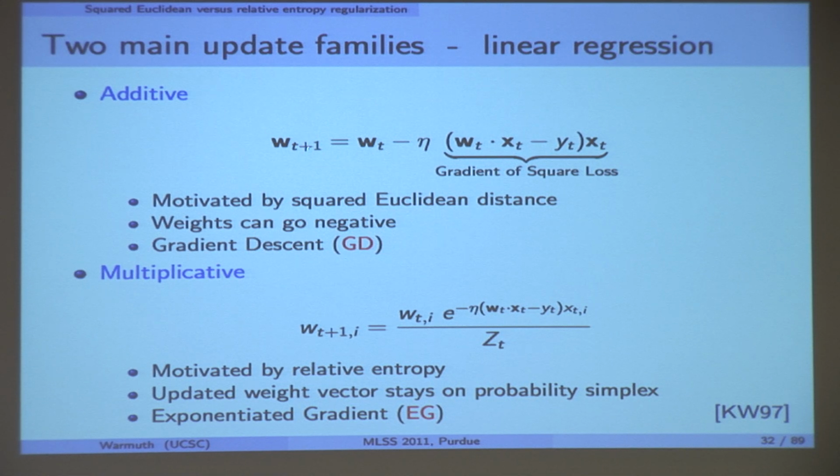This one doesn't do anything because your hypothesis is always a linear combination of the past examples. And when you get a new instance, you always predict 0. Whereas this one, in some sense, in these cases, can still learn.